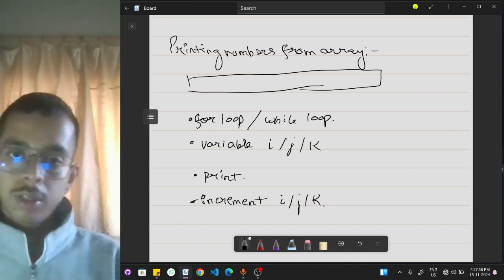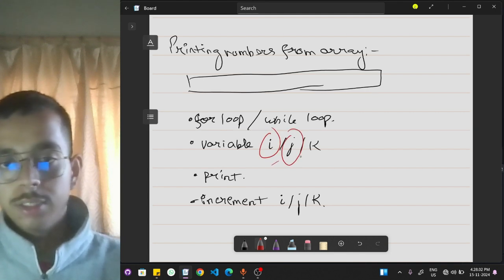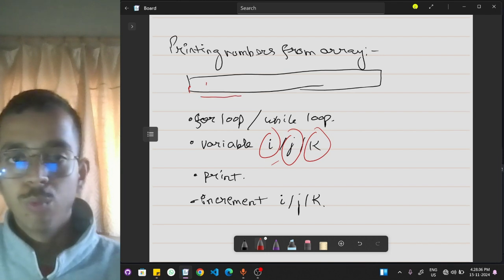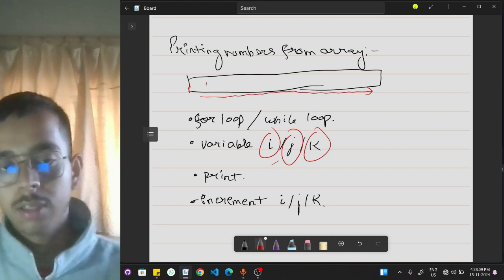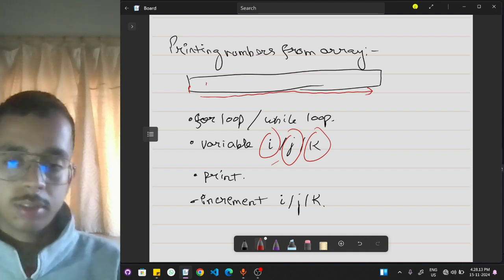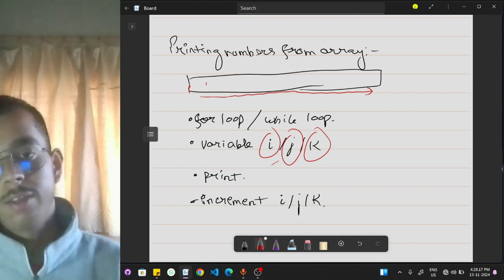So if you carefully see, these i, j, and k actually have physical significance. They are moving over the array, providing you with the particular index. Like i is equal to 0, then i is equal to 1, i is equal to 2, i is equal to 3.